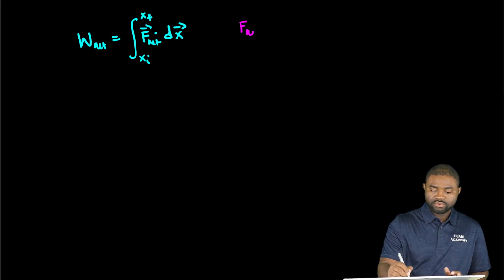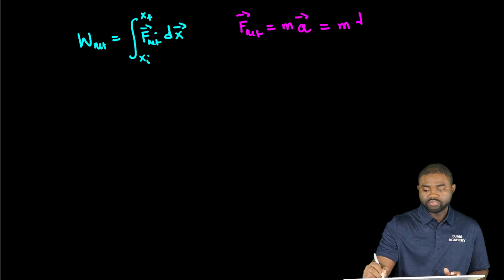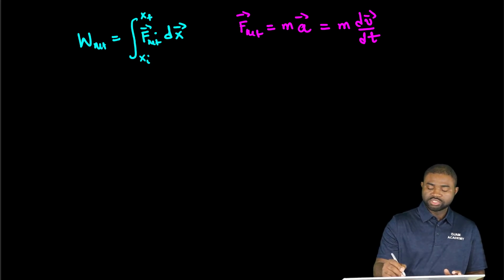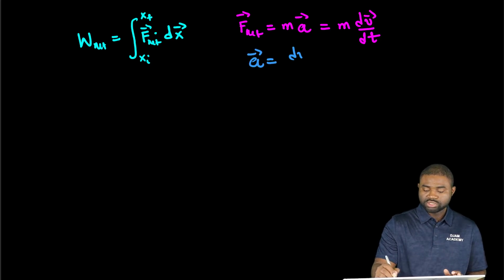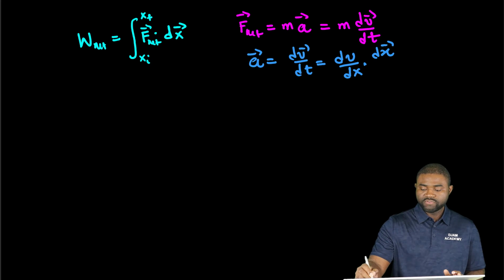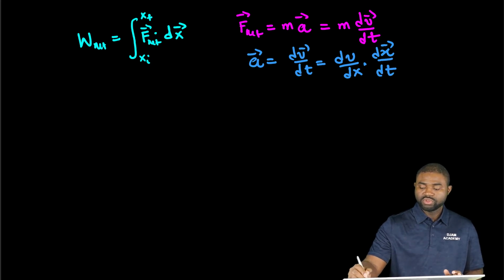Now, by definition, F net is equal to m multiplied by a, which is equal to m dv over dt. Also, it is important for you to keep in mind that a, which is dv over dt, is equal to dv over dx multiplied by dx over dt.